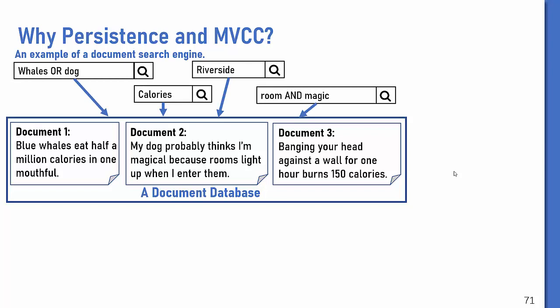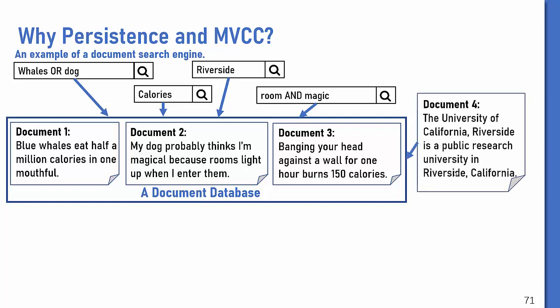Now we can have multiple concurrent queries invoked by different users at the same time. And also, the server may need to crawl new data from the internet at the same time, so new documents are added to the database. This can be done at the same time when we have queries from users.